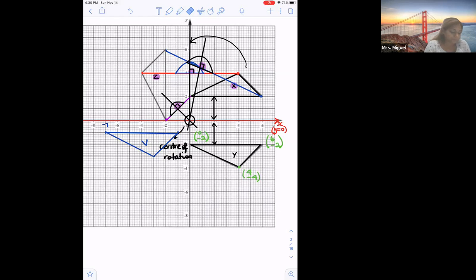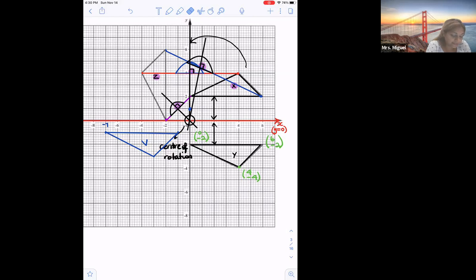So let's look. This distance here is 2 units. So if we are going to reduce it by a half, it means this point is going to come here. So that is my first point.